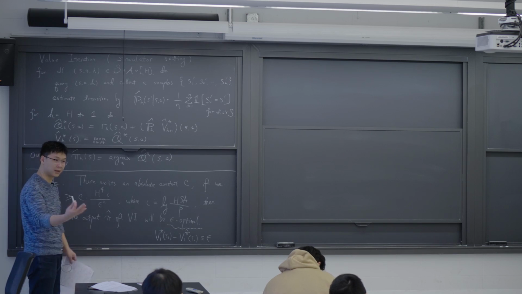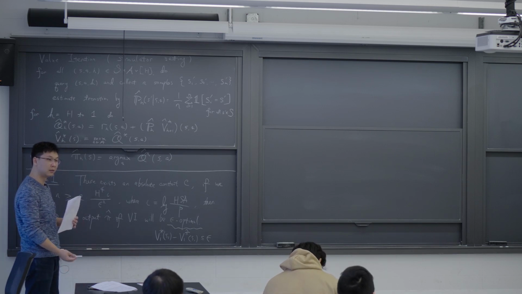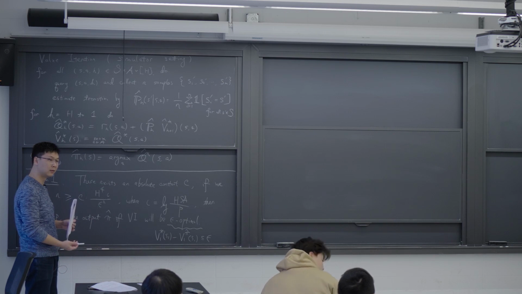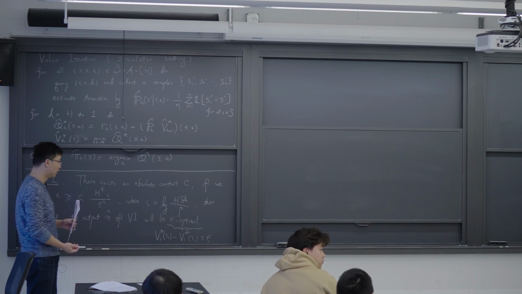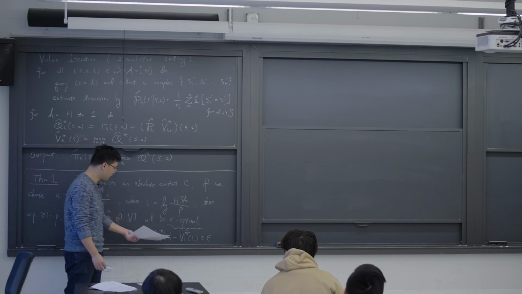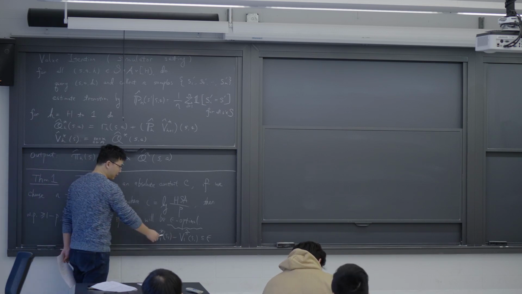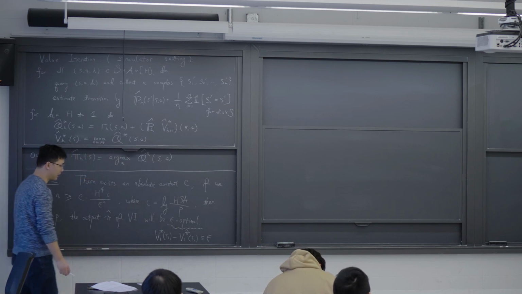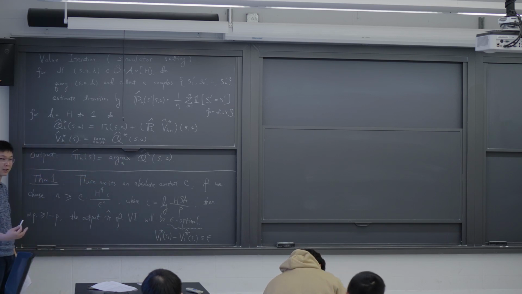Is it epsilon optimal only for one state S1 or for all states? I think for this course, for simplicity, we always make S1 the fixed initial state. So we always assume we have a fixed initial state.